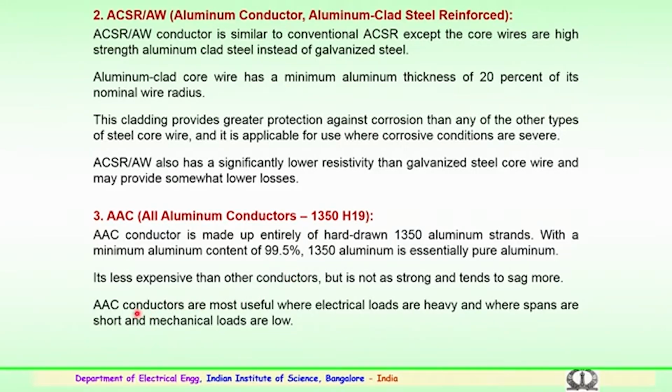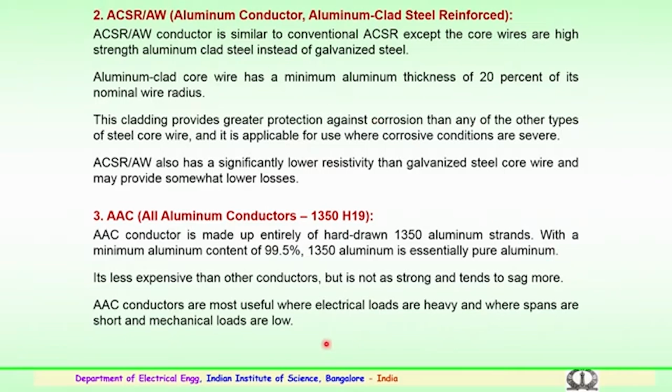So, this is less expensive than other types of conductors, but is not as strong, as you see, since the steel reinforcement is not available. Mechanically the conductor tends to sag more in comparison to the ACSR or ACSR AW type of conductors.